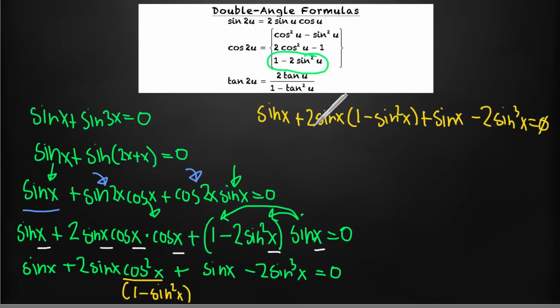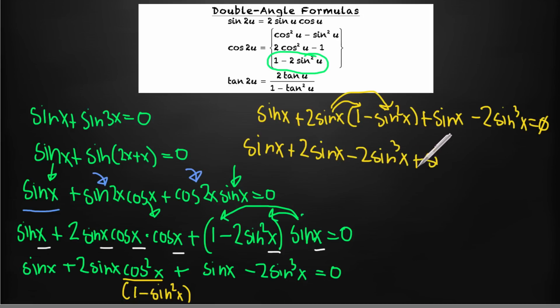So now I'm going to go ahead and distribute this 2 sine of x in here. So that's going to give us sine of x plus 2 sine of x minus 2 sine cubed of x plus sine of x minus 2 sine cubed of x equals 0.